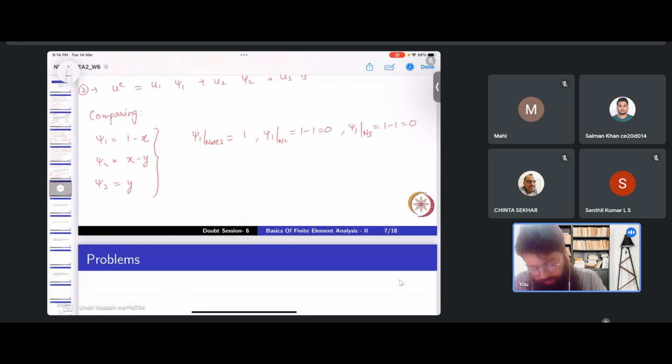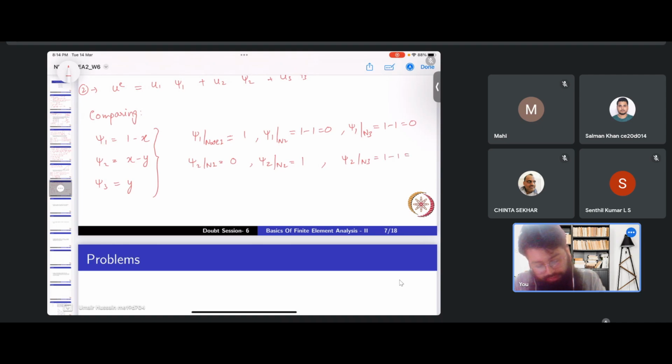So checking for psi 2. At node 1, we have x equals 0, y equals 0. We get 0. That's right. At node 2, we have x equals 1, y equals 0. We get value 1. This is also right. Psi 2 at node 3, we have x equals 1 and y equals 1.